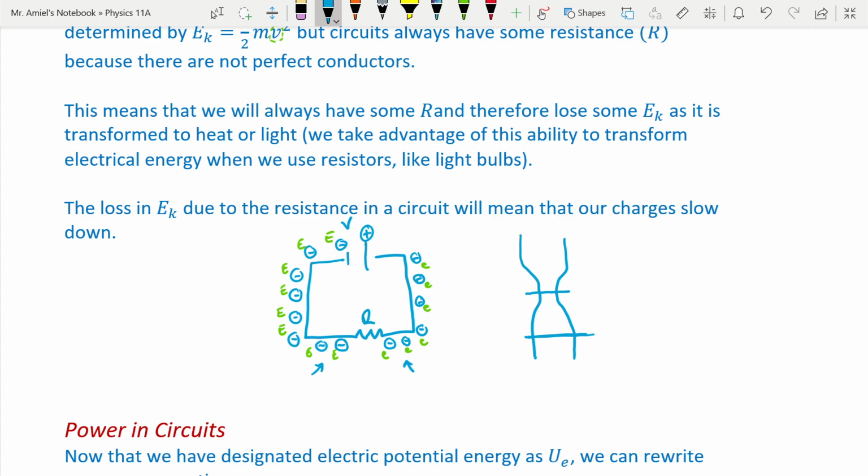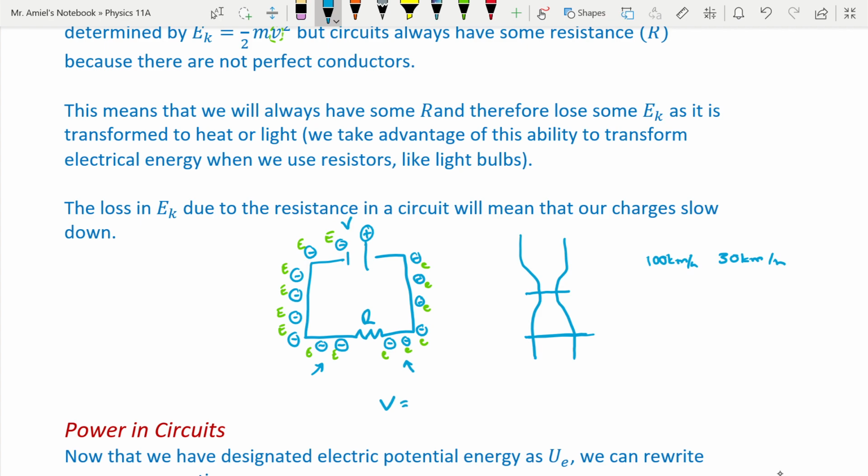Another way to think of this is your car might be able to go 100 kilometers an hour, but if you're sitting in traffic behind people that are only going 30 kilometers an hour, well, how fast are you going to go? It doesn't matter that you can go 100 kilometers an hour, you're only able to go 30 kilometers an hour.